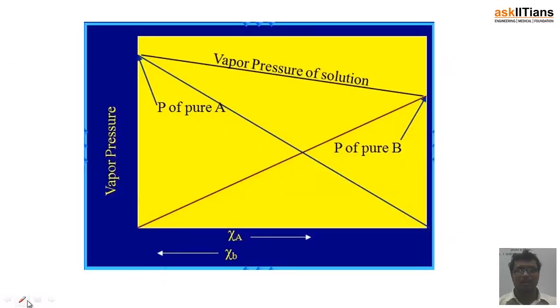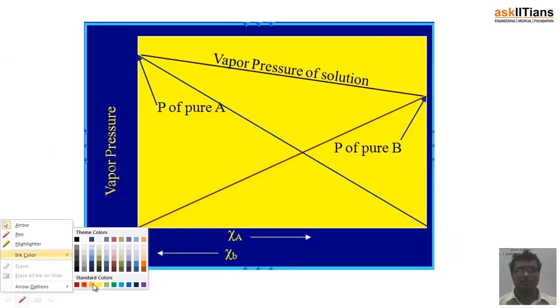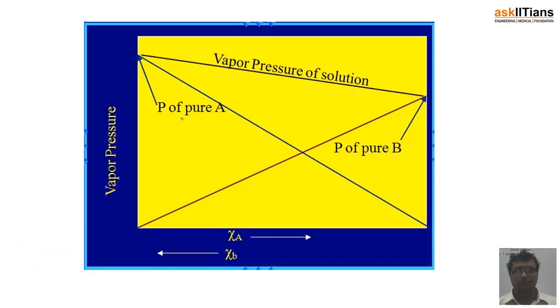This is a graph which depicts the behavior of an ideal solution, right? You have vapor pressure on one side and mole fraction of A or mole fraction of B on the other side. In this graph it is just a plot between the total vapor pressure of the given mixture and P naught A XA, P naught B XB.